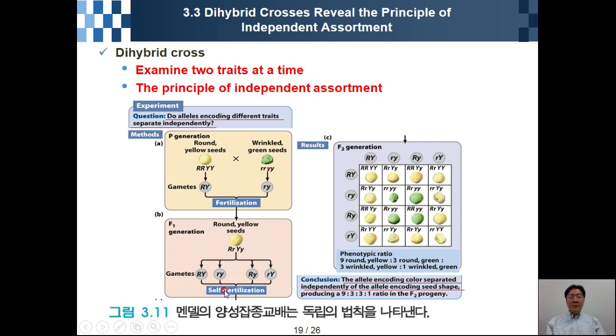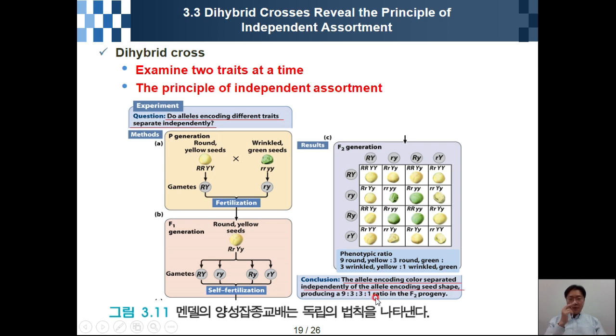We will do self-fertilization, so this is one side and this is the other side. After fertilization, at each square, the phenotype and genotype will be like this. Finally, the ratio will be 9 to 3 to 3 to 1.